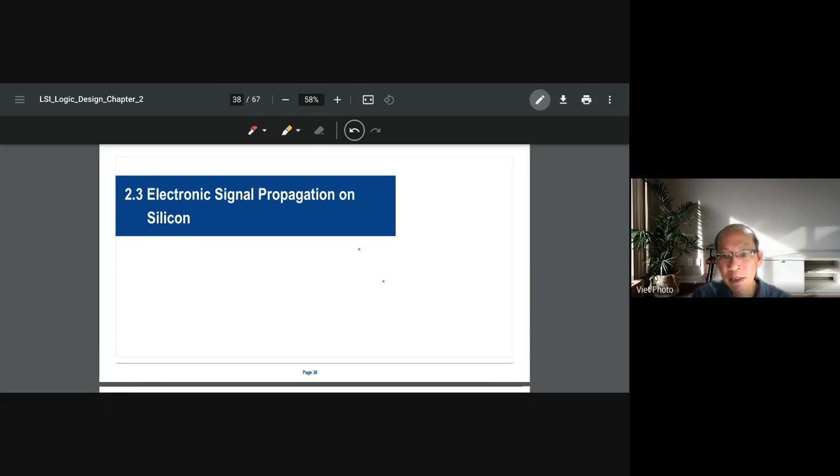We need to understand something about the electronic signal so that we can understand signal integrity. We have to satisfy the requirements of signal integrity so that the circuit can function properly.